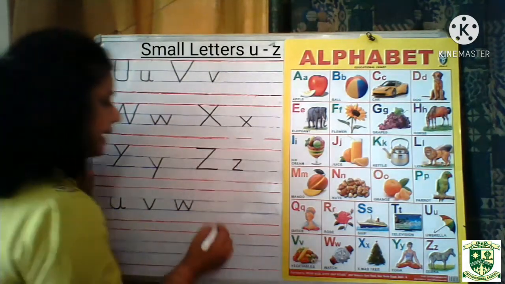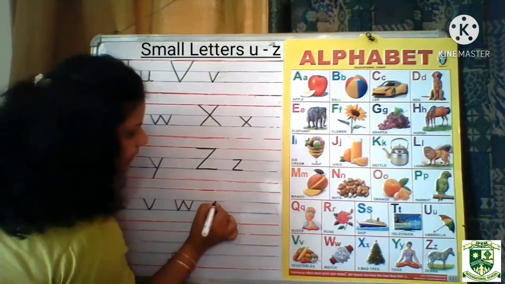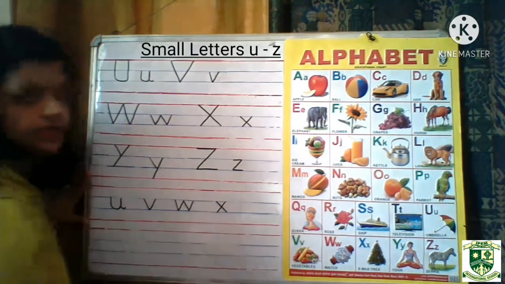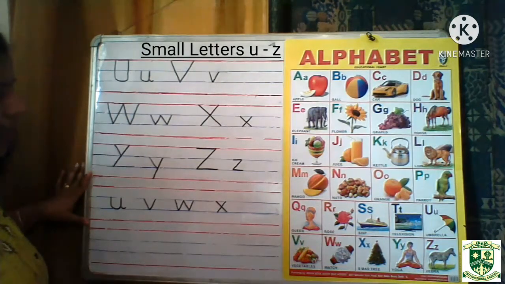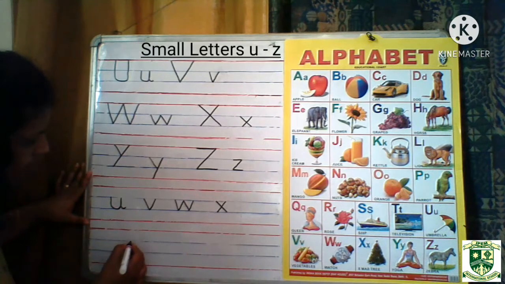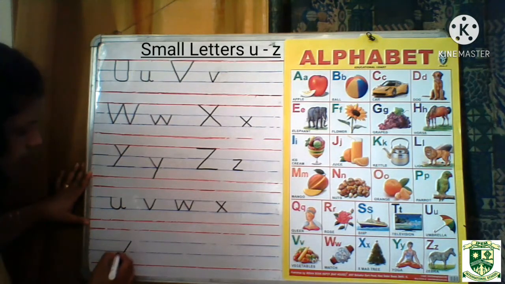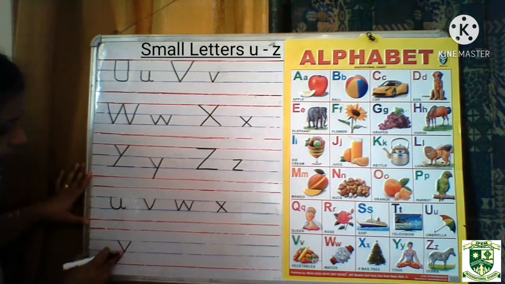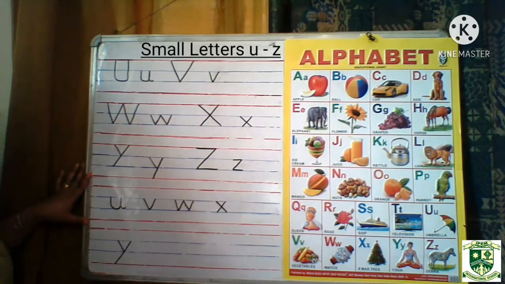Now how will we make X? Two slant lines crossing each other. This is how we'll write X. Now comes Y. We'll make one slant line from the second blue line to the second red line, from the first blue line to the second red line, and then another small slant line from the red line to the second blue line.